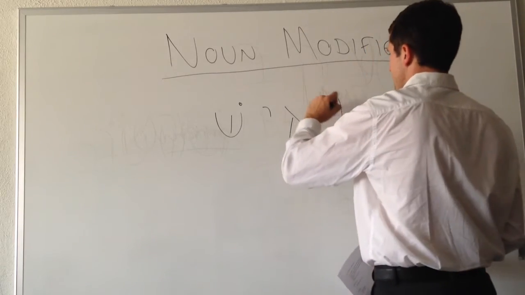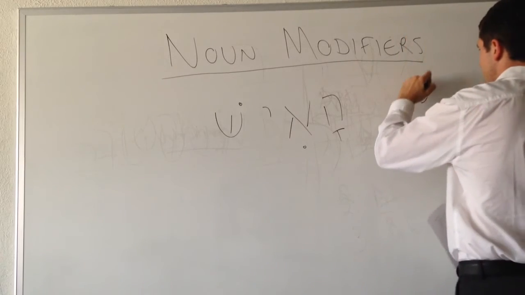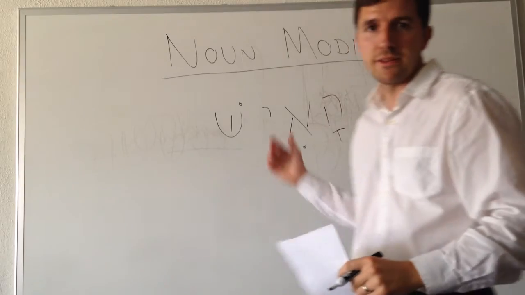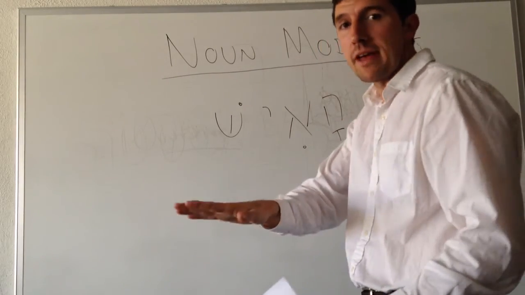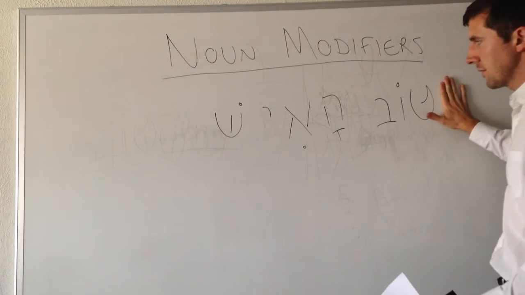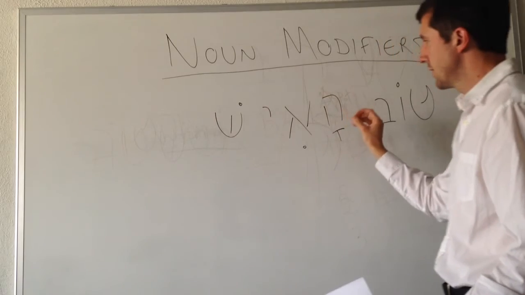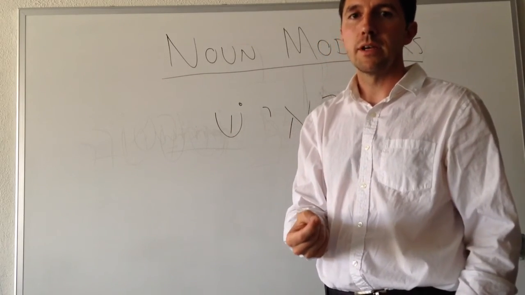Predicative typically comes before, agrees in gender and number, so masculine, singular still, but it's never definite. So no definite article here. So tov, ha-ish, good, the man, but this creates what we've learned previously as a verbless clause.